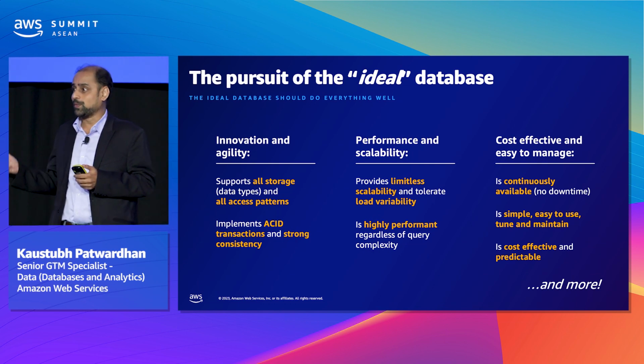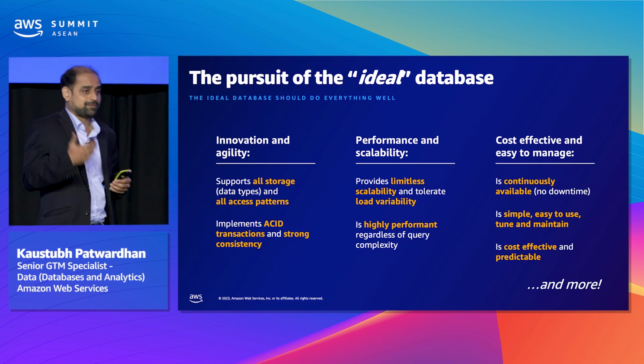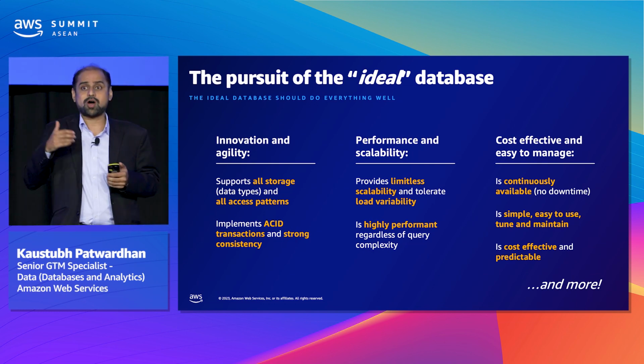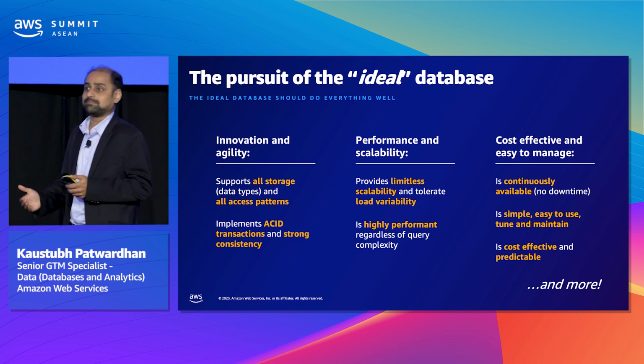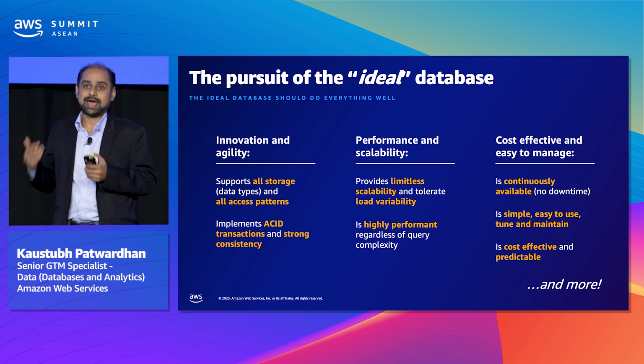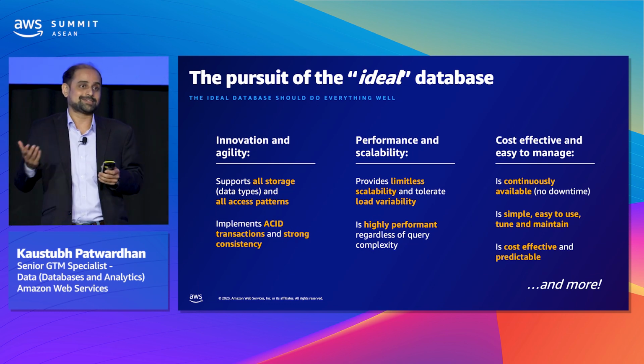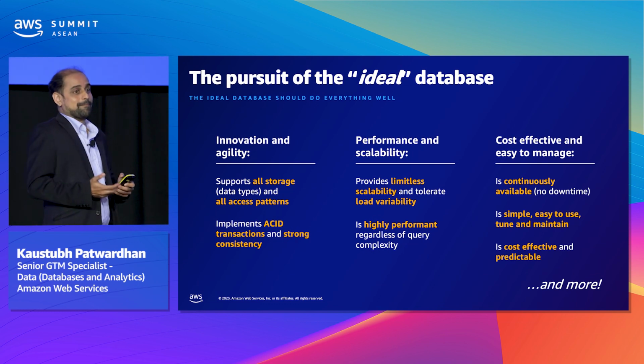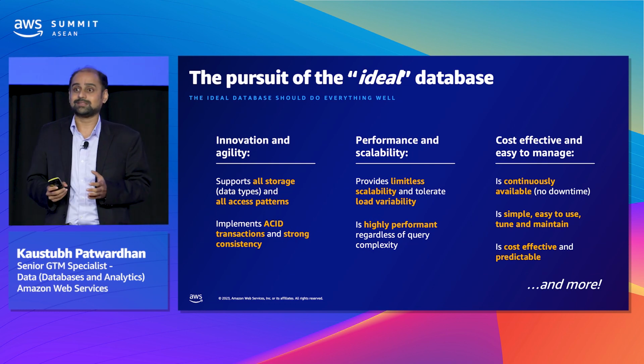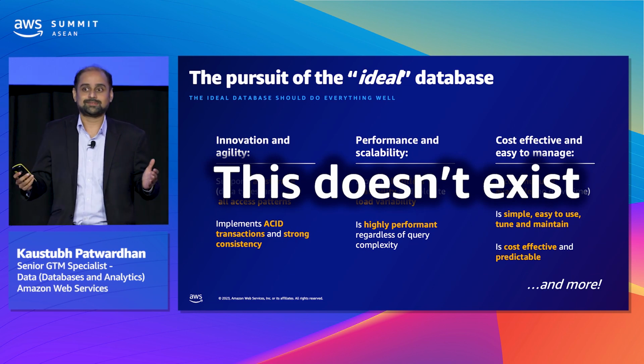You need to have innovation, agility, performance, scalability, cost effectiveness, and at the same time, it should be easy to manage, if at all such a database exists. But as you can all imagine, this does not exist.